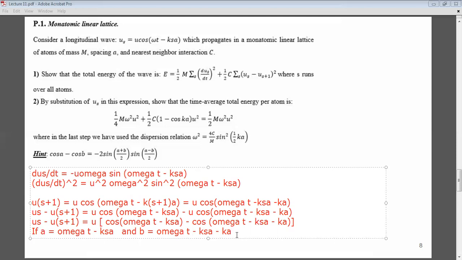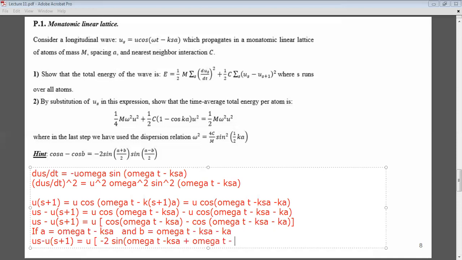So if this is A and this is B, I will apply the formula: us − us+1 will be u times −2 sin of A plus B, which is (ωt − ksa + ωt − ksa − ka), all of it over 2.